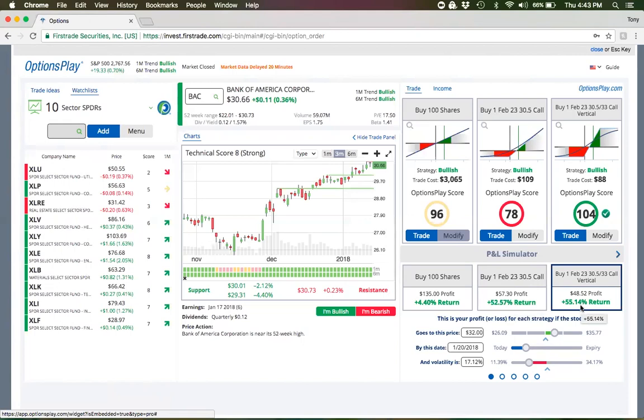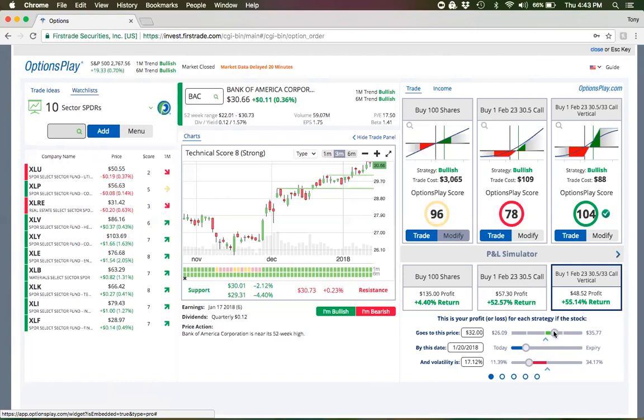If I bought this call vertical, I make a 55% return. So this is the basis for how you're going to start looking at different strategies and seeing, hey, how am I going to perform if this thing beats earnings? Am I going to make enough money for me to risk this type of capital in order to place this trade? The P&L Simulator will help you answer that question very easily.